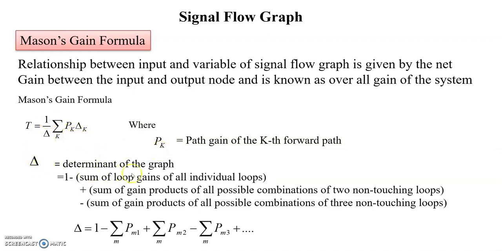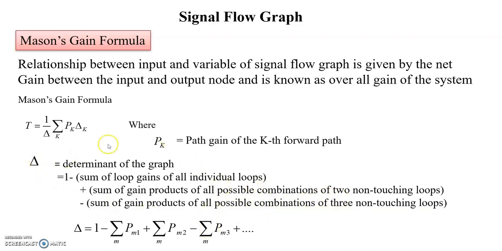Delta is nothing but the determinant of the graph, so that is 1 minus the sum of loop gains of individual loops plus the sum of gain products of all possible combinations of two non-touching loops minus the sum of gain products of all possible combinations of three non-touching loops, etc.